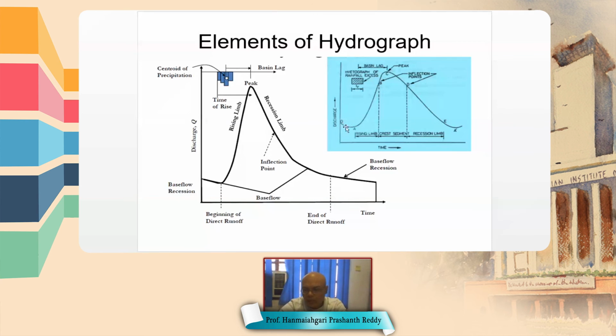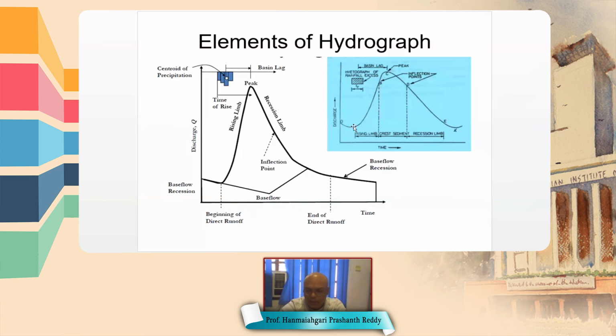This curve is divided into three parts: rising limb, then a crest segment, then recession limb, and we can very well mark where the rising limb starts. A is an inflection point where the slope of the curve changes.